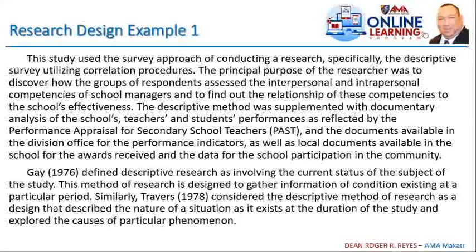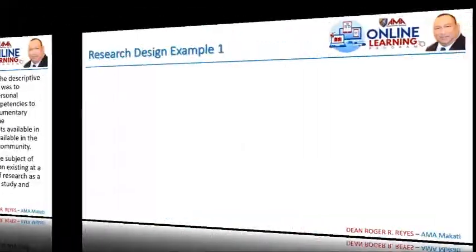Travers in 1978 considered the descriptive method of research as a design that describes the nature of a situation as it exists at the duration of the study and explored the causes of particular phenomenon. Yan. So, dalawa yung sinabi nating author, si Gay at si Travers. Kasi sila nagbigay ng definition ng descriptive research.